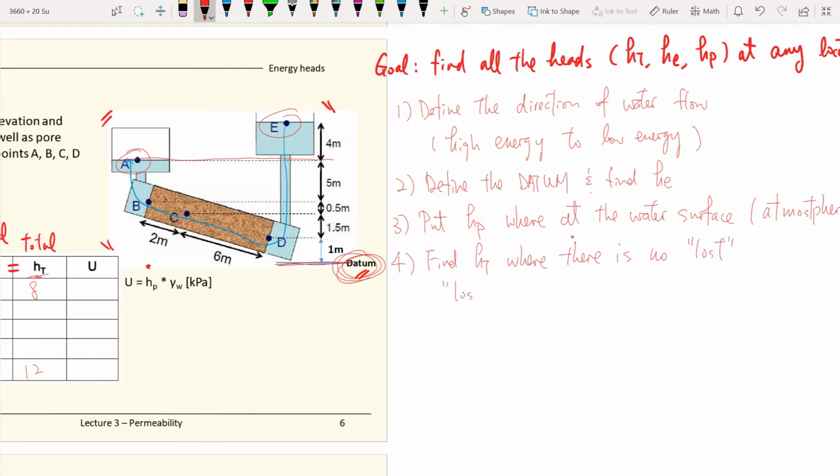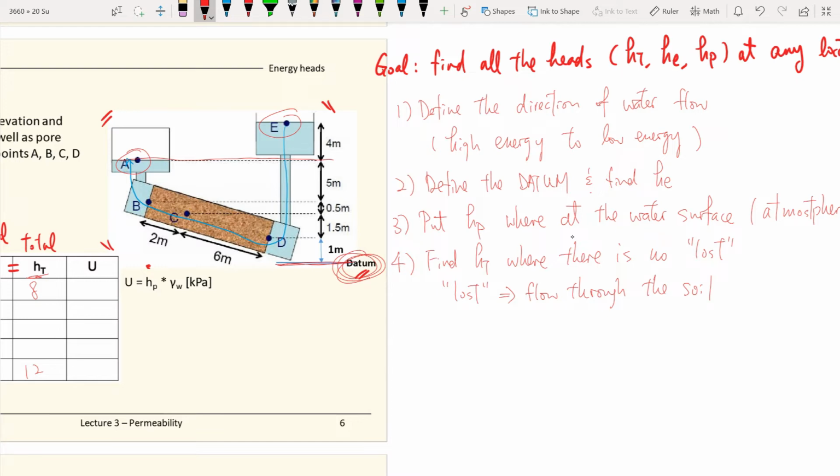Loss means flow through the soil, because when the water tries to flow through the soil, you experience resistance from the soil.